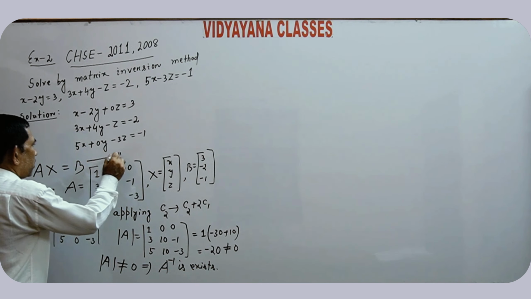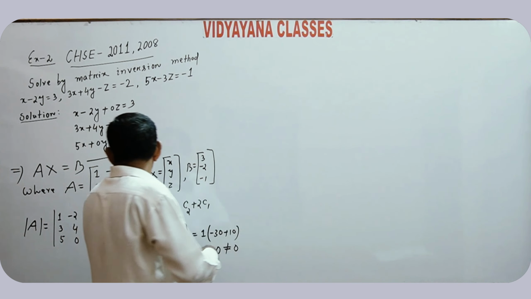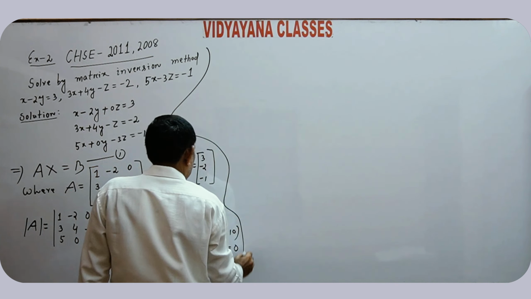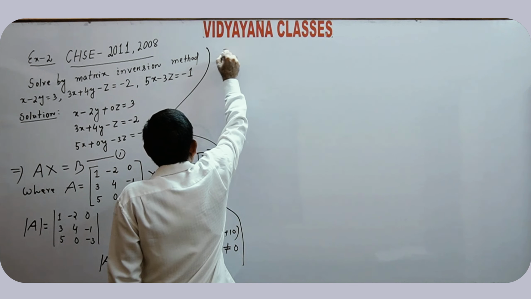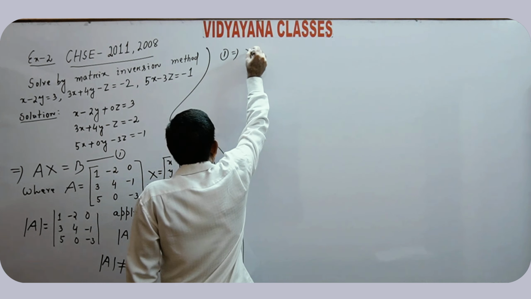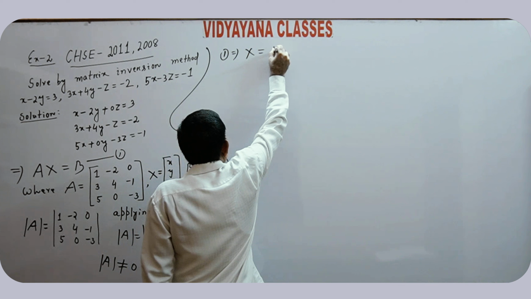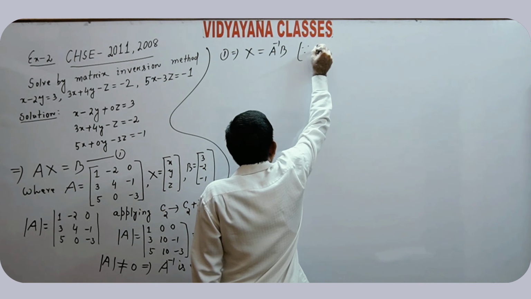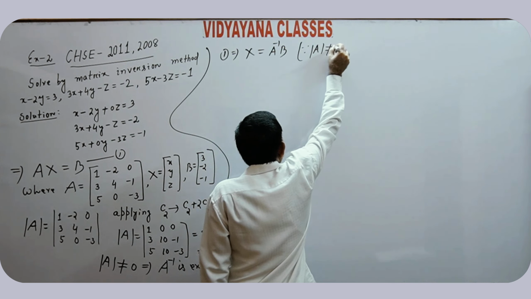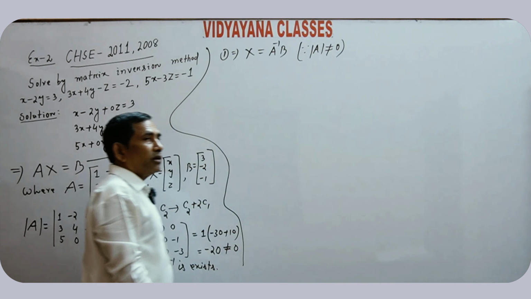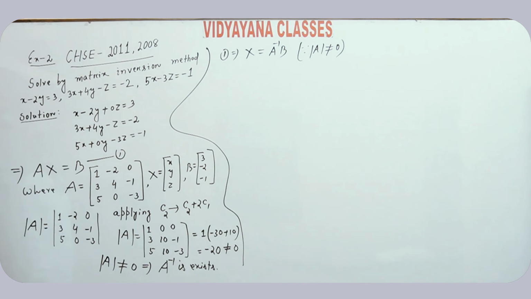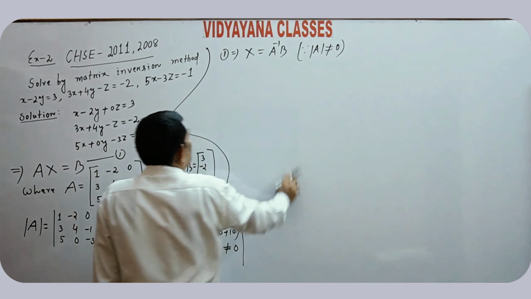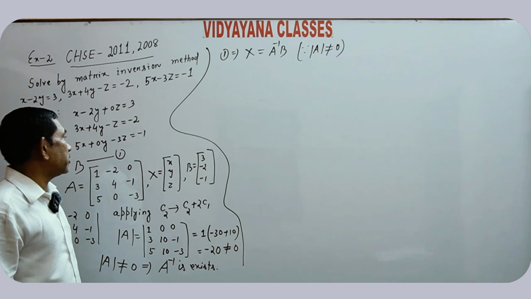It is equation 1. Equation 1 implies X is equal to A inverse B. Since determinant of A not equal to 0, that means A is non-singular. If A is non-singular, A inverse exists. Now we have to find out A inverse.